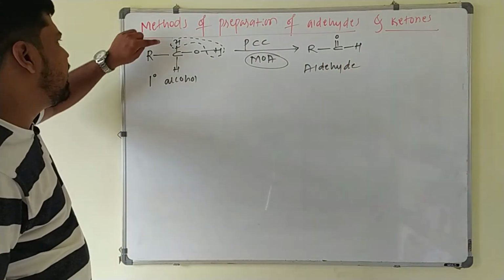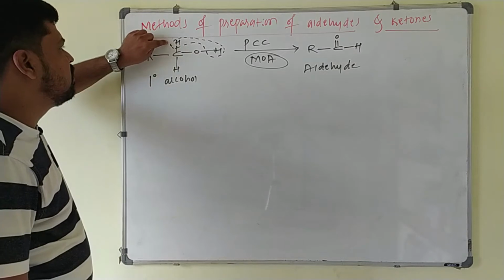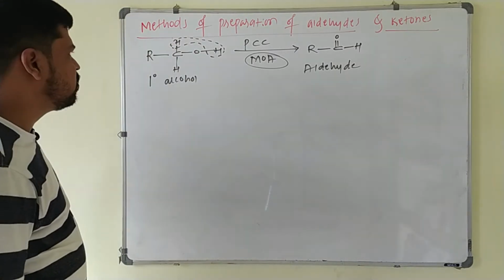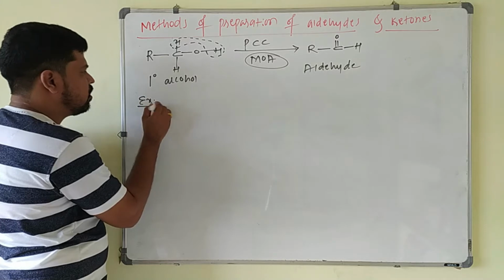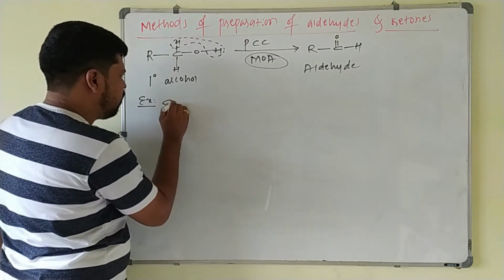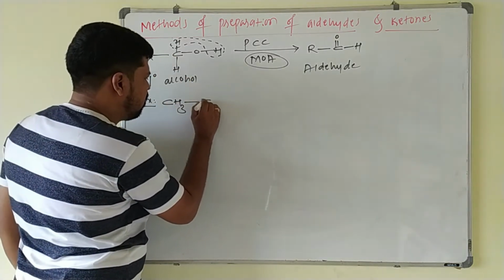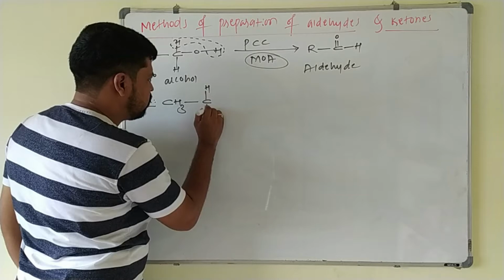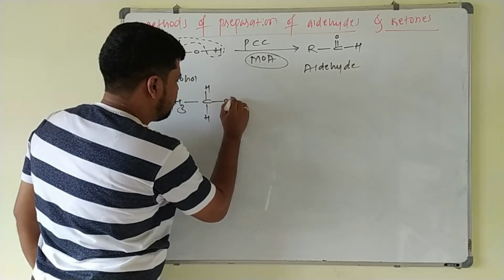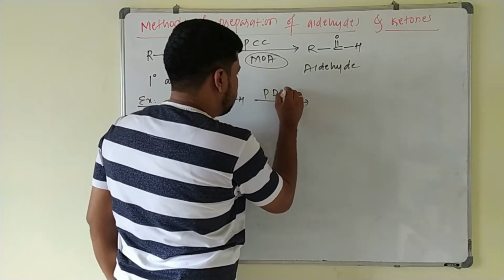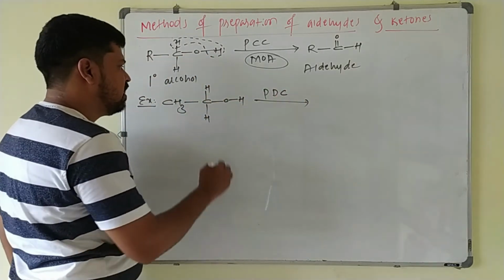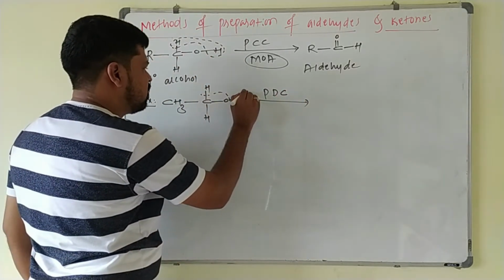This hydrogen which is connected to the carbon is called oxidizable hydrogen. Already you know this one. Suppose I write an example of oxidation of a primary alcohol: CH3, CH2, OH. This on treating with a mild oxidizing agent like PDC will undergo oxidation.